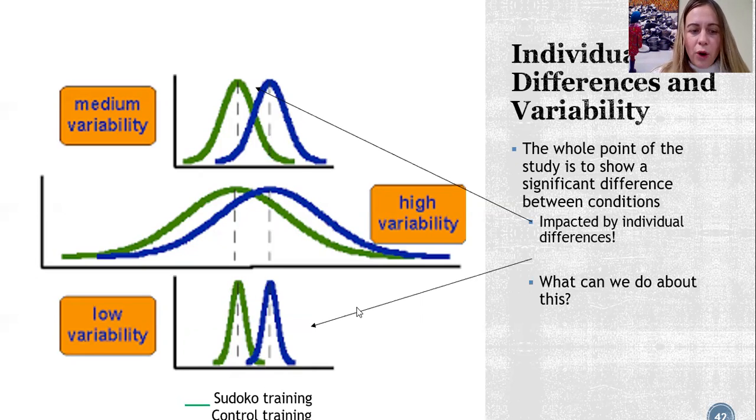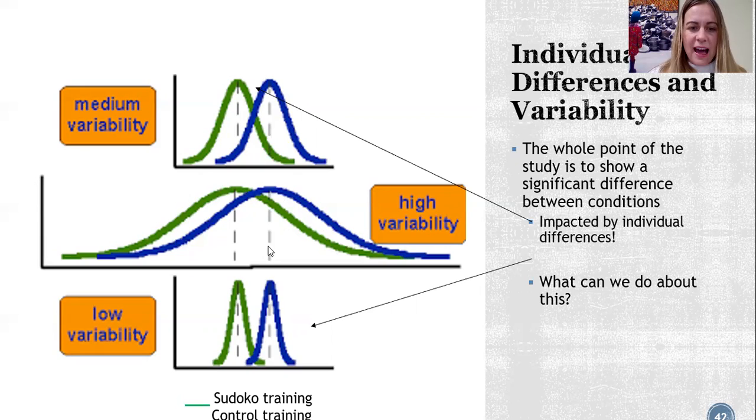And when we have low variability among people in each group, so that range is narrower, it makes it so that we can see a difference between groups, and this difference becomes significant. When we've got a larger range, more variability within each group, like we see here, this is much more spread out.